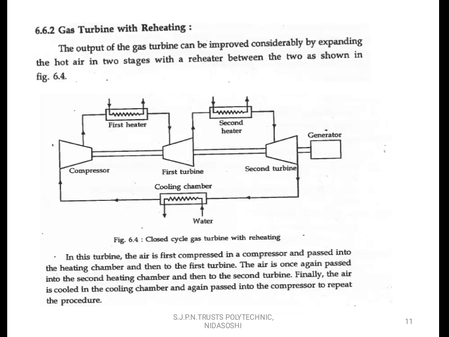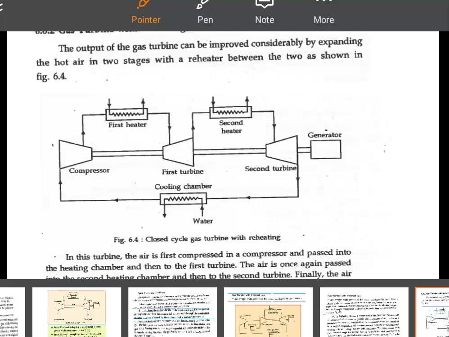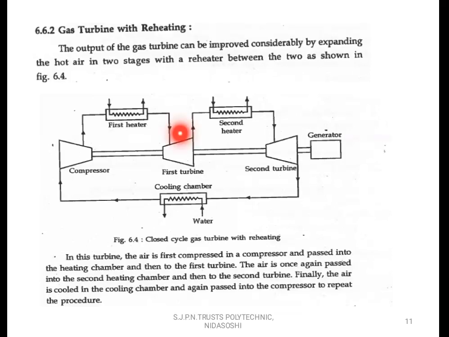Here two heaters are used, first heater and second heater. These are the differences, and the first turbine and second turbine are the major difference compared to the closed cycle gas turbine with intercooler.